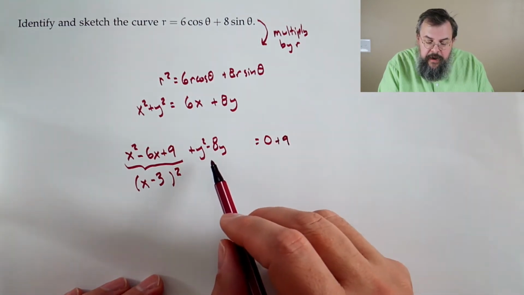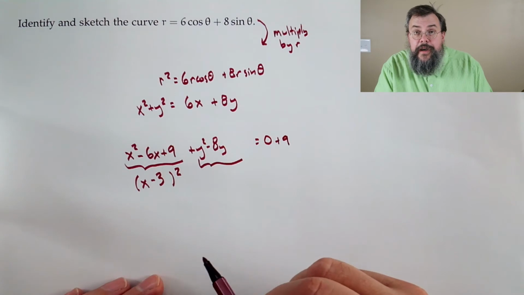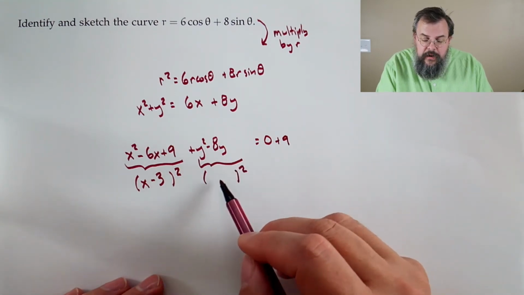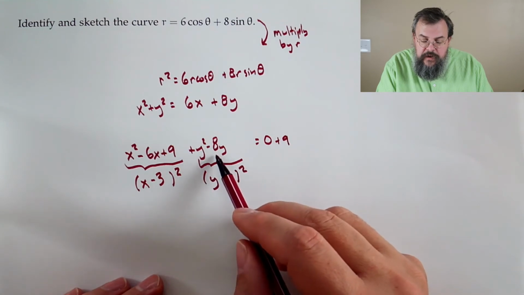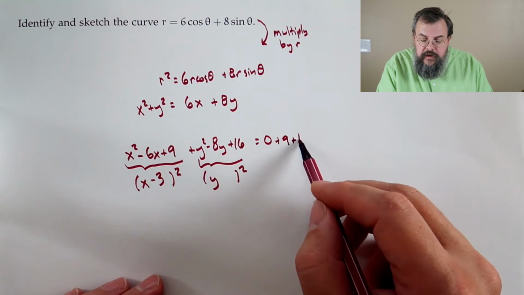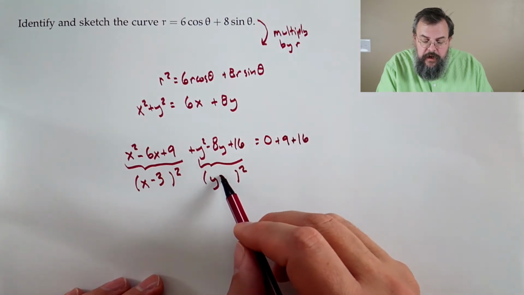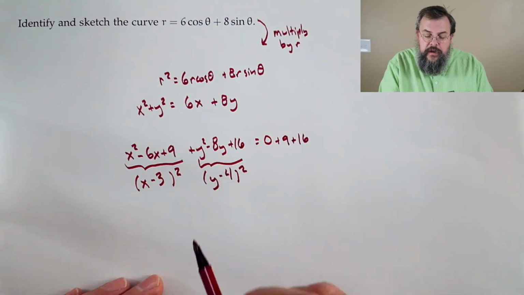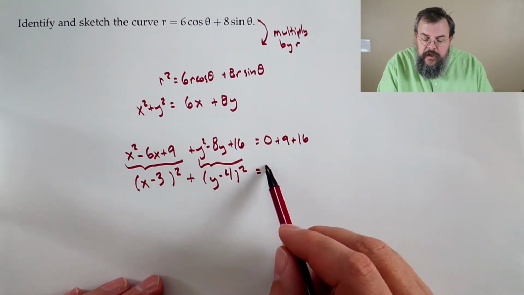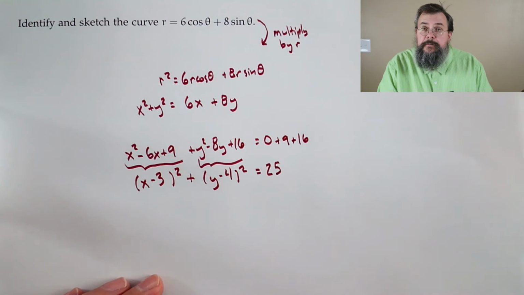All right, y squared minus 8y. Well, complete the square again. All right, what do we need to do? Middle term divided by 2, square, plus 16, plus 16. And this will become y minus 4 squared. So x minus 3 squared plus y minus 4 squared equals 25.